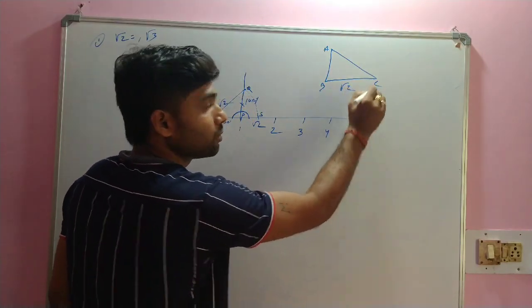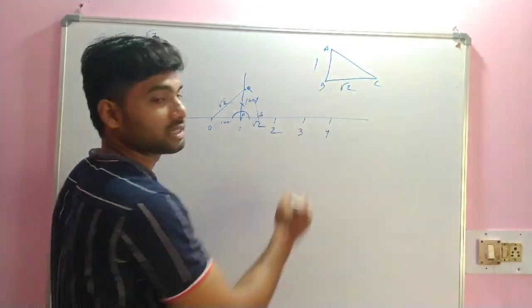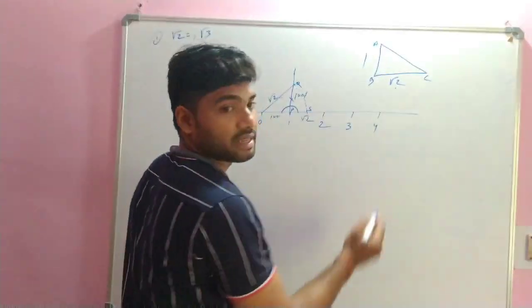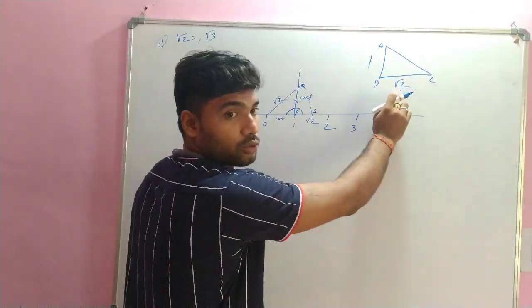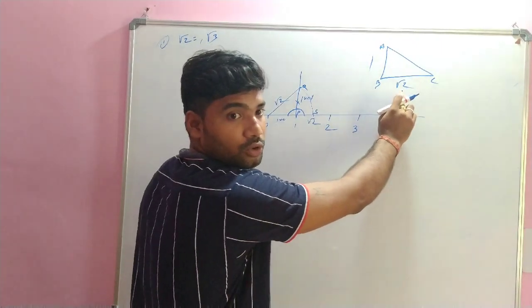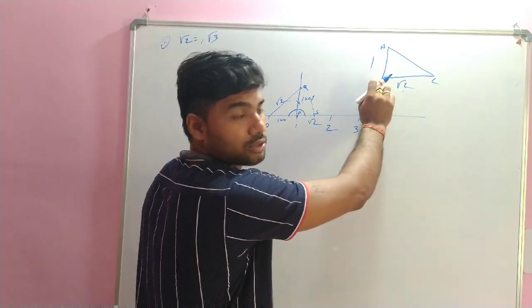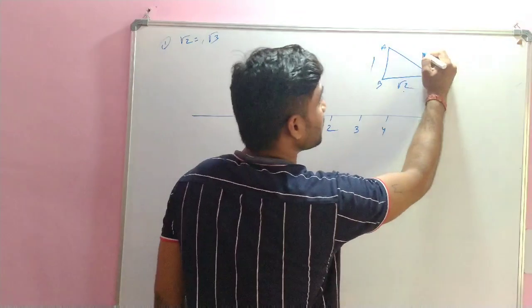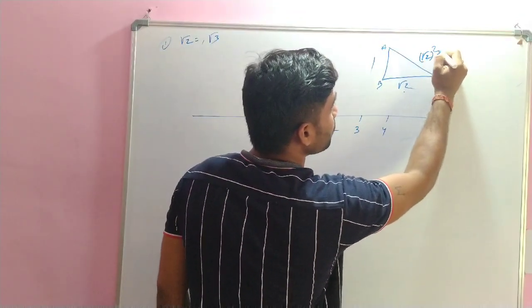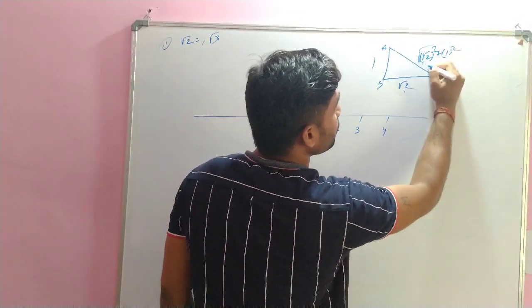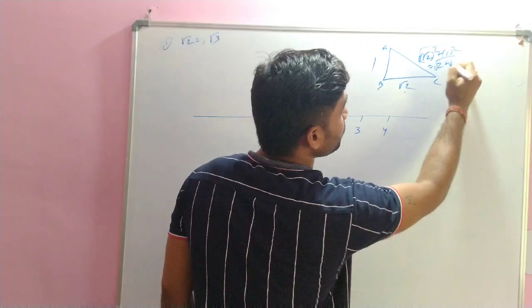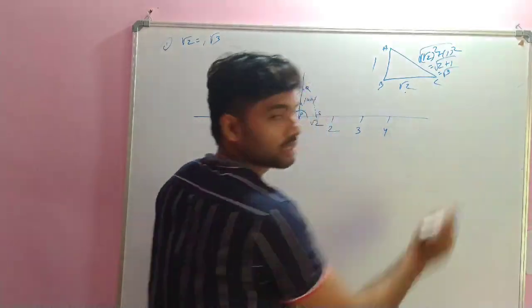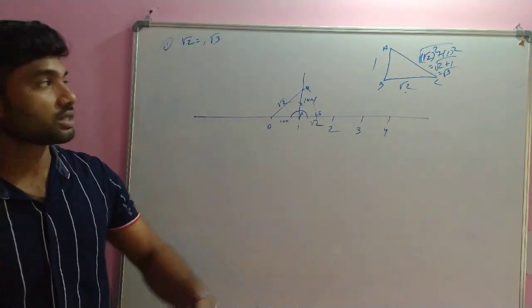This length is root 2, and suppose this length is 1. The length of AC is the square root of the square of root 2 plus the square of 1. You will get the square root of 2 plus 1, which equals root 3.